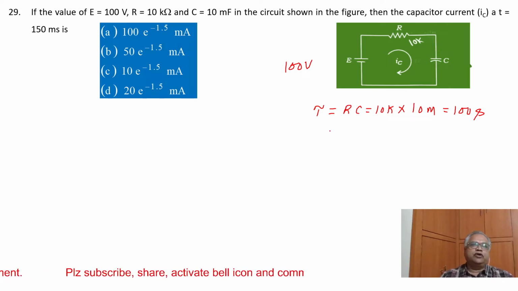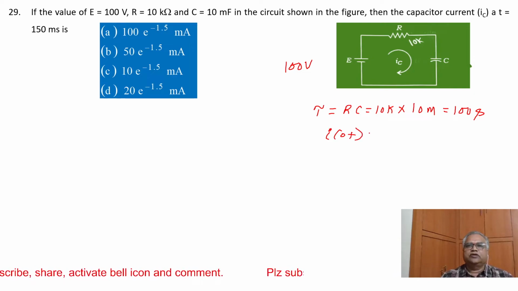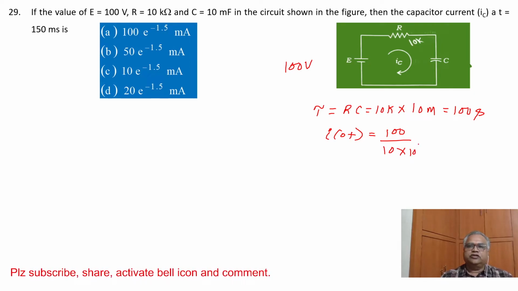Then we want the I of t expression. What is I0 plus? Immediately when the switch is connected, the capacitor is a short. So 100 by 10k. K means 10 to the power 3. So what is this value? It is 10 milliamps.